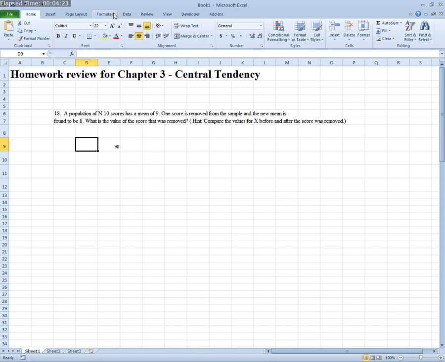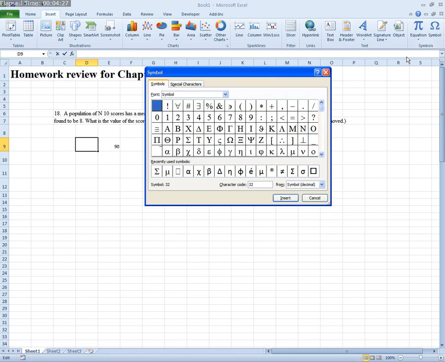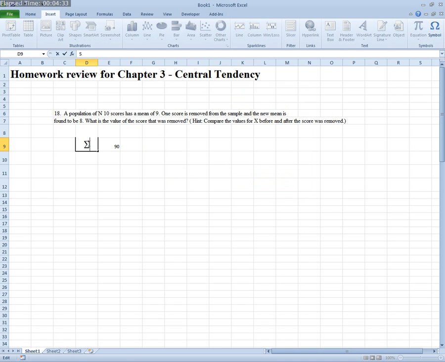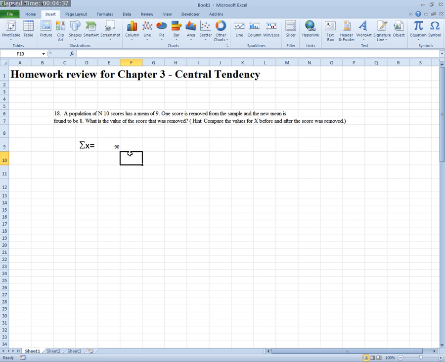So let's insert again. I'm going to go back to insert symbol, and I'm going to go sum of x is going to equal 90. Okay, and so now one score is removed from the sample, and the new mean is found to be 8.